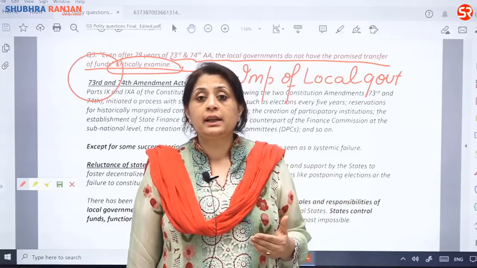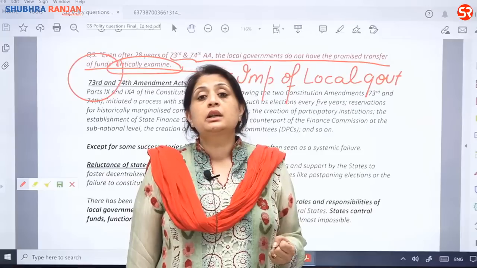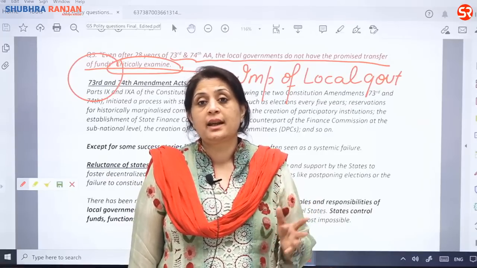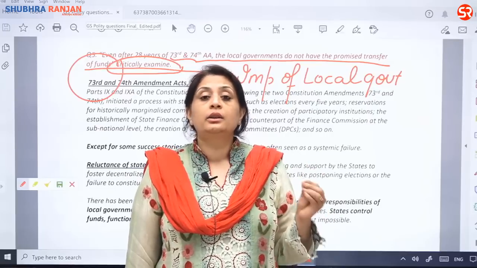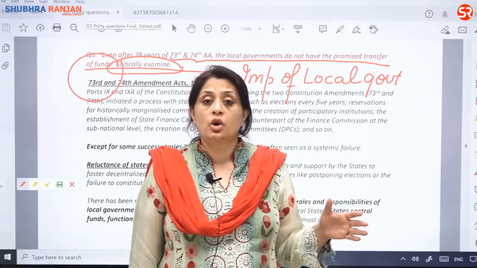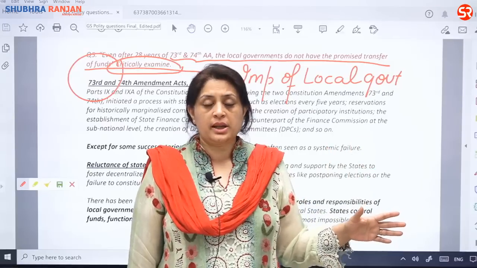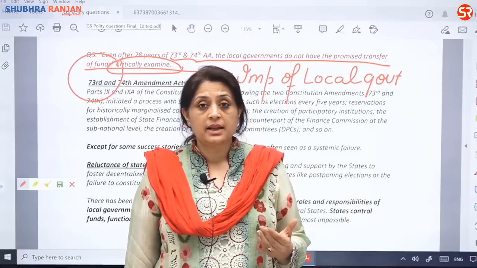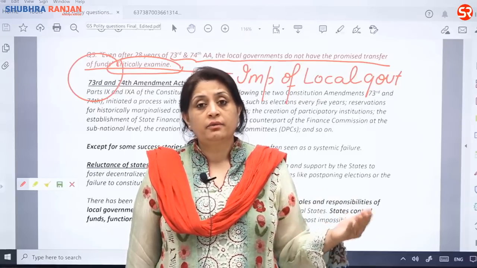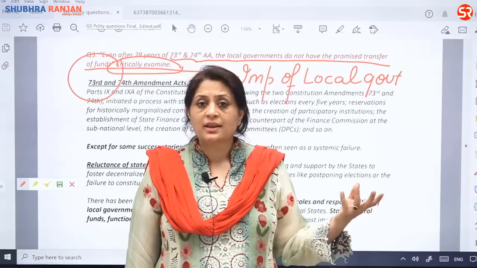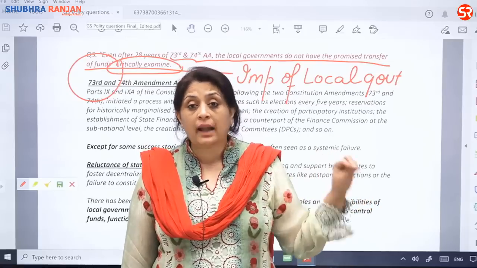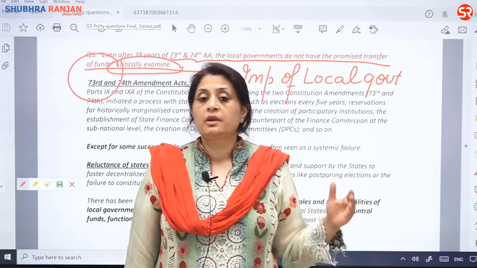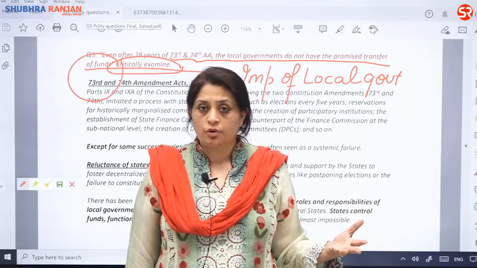Certain fiscal reforms like GST have further undermined the position of panchayats, because though states are represented in the GST Council, the panchayats are not represented, so they do not have a say with respect to GST, which subsumed certain taxes that were very important from the perspective of panchayats, like octroi.